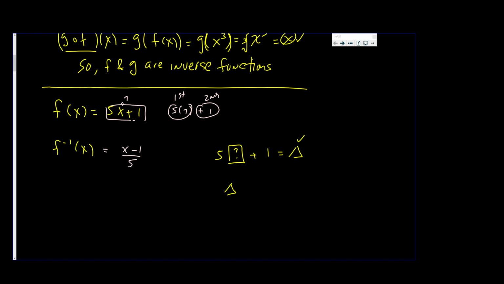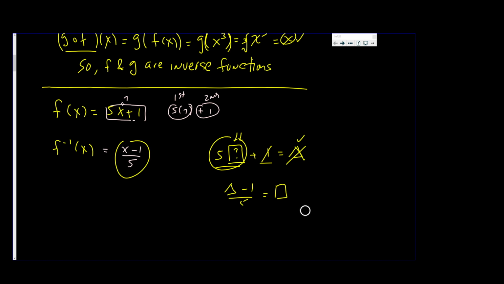All you remembered was you had this number, you sure wish you knew what it was, but you multiplied it by 5 and you added 1. Well, if you take away 1, then you'll have 5 times the number. Divide by 5, it'll give you the number. But generally, we'll call that number x. And that's exactly what I got.